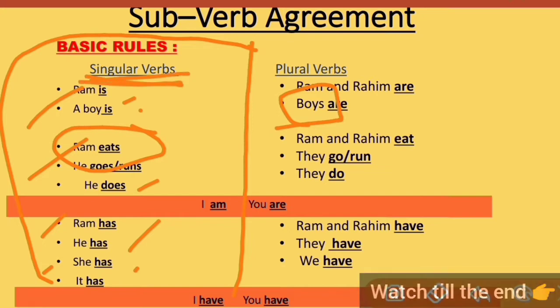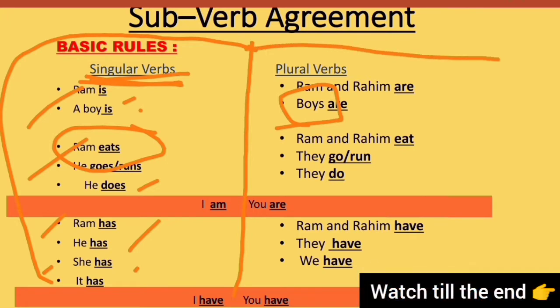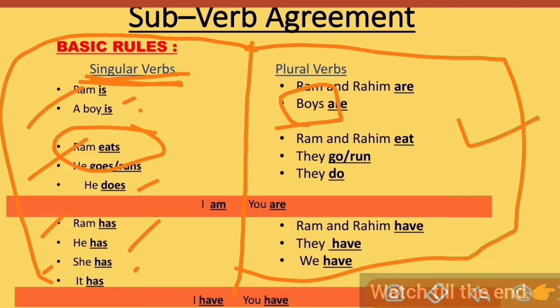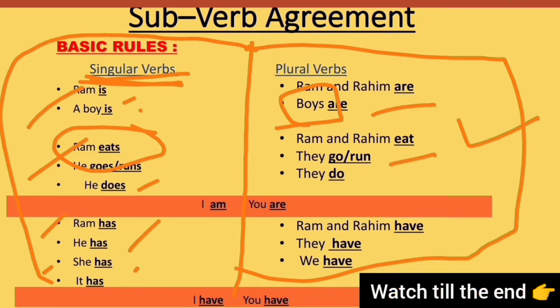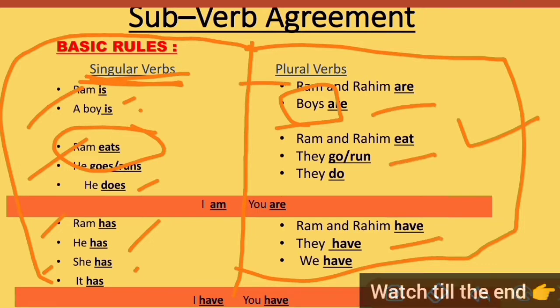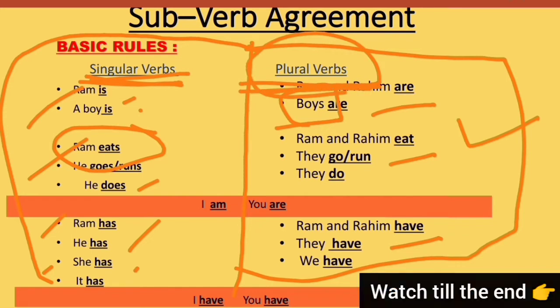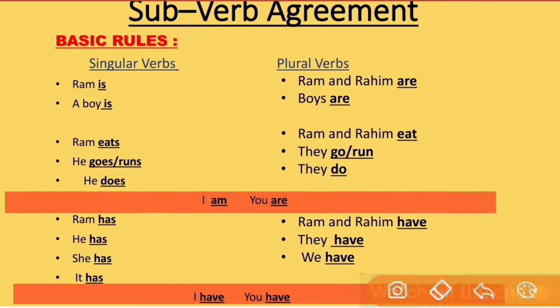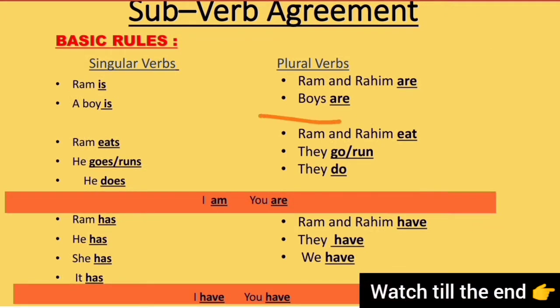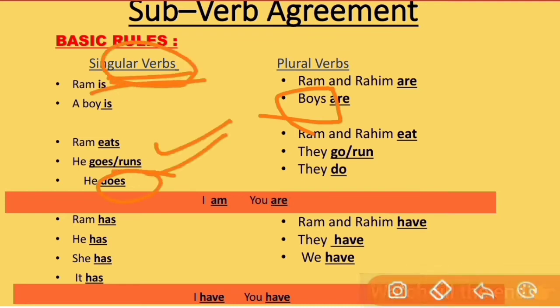And in the right side these verbs are used only for plural noun, so we will call these verbs as plural verbs. And the funny thing is that plural noun take s, but singular verbs take s or es with them.